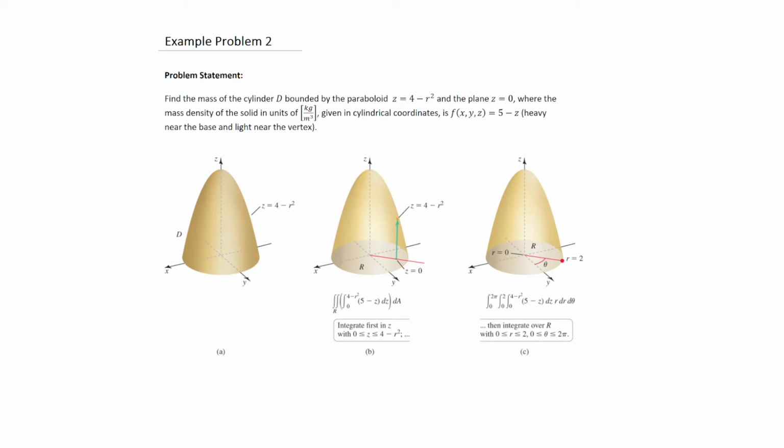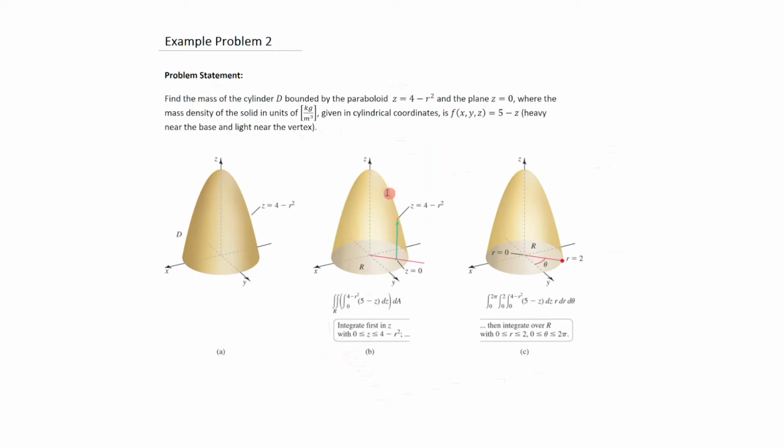So here you'll notice that the paraboloid has already been given in cylindrical coordinates, so we don't have to do anything specific with it. And the plane z equals 0, that's fine. That's also in cylindrical coordinates. And so we're going to now find the mass, but we're going to do everything in cylindrical coordinates. Notice in this diagram below, this is to show you, for instance, we're integrating first in z.